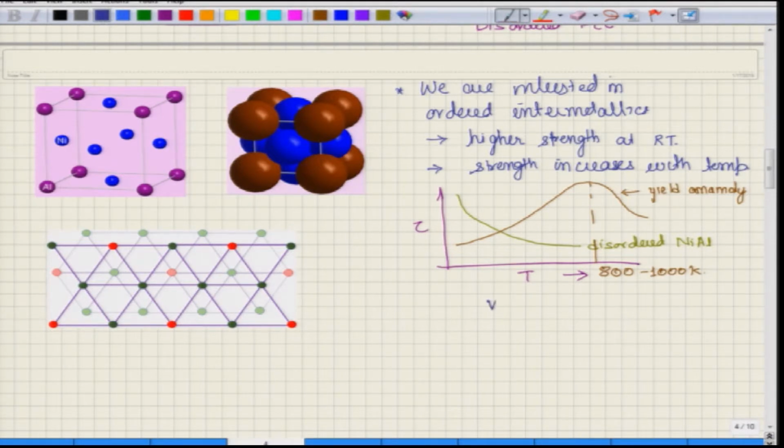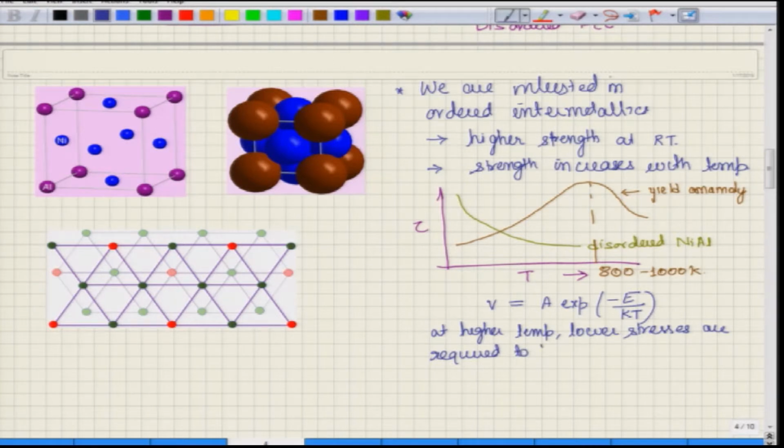You can look at the equation for velocity of dislocations, which I mentioned earlier, and it comes out of this form. So, your stress requirements are over here, but what this is saying in general is that at higher temperature lower stresses are required to keep deforming at the same rate.